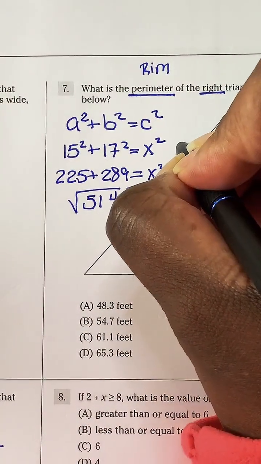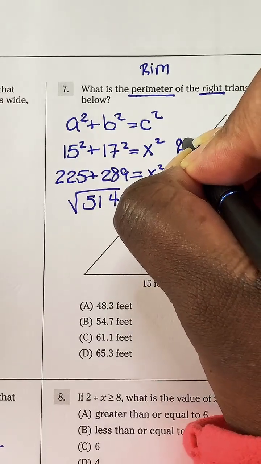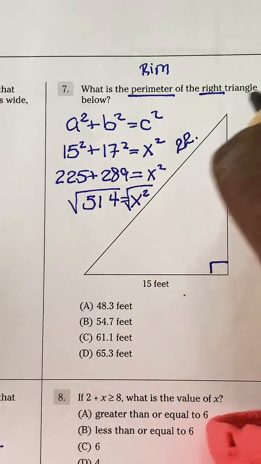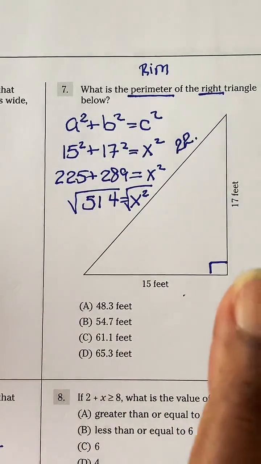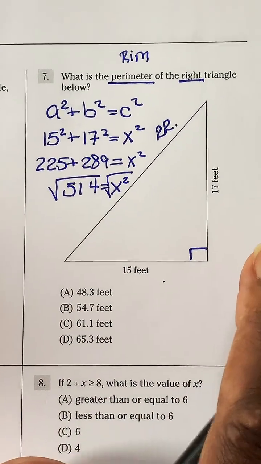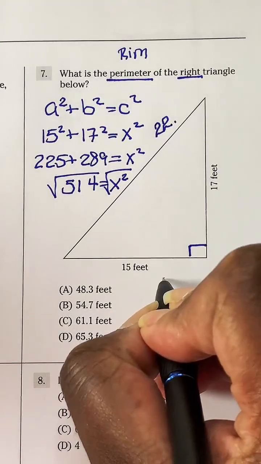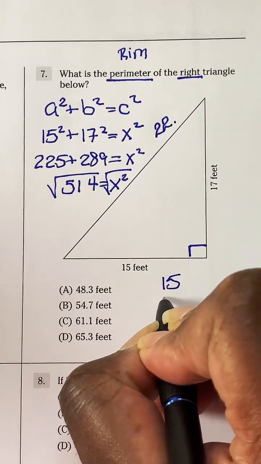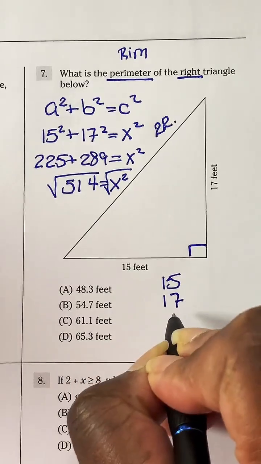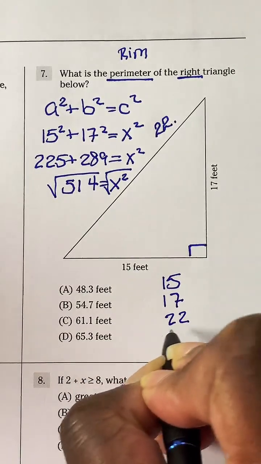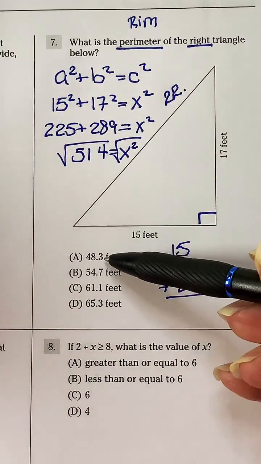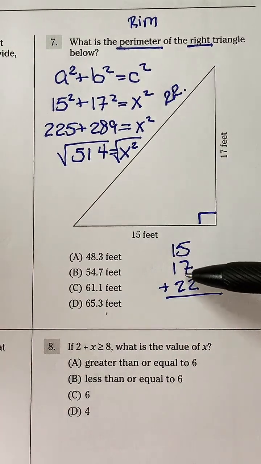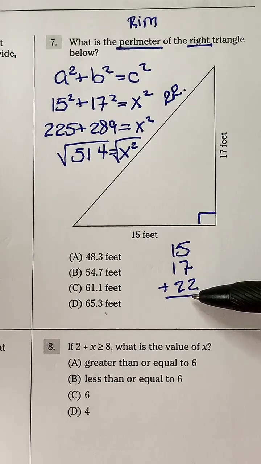So if I give it like, say, 22, let's say 0.1 or point something. I just want to do something for right now. Because if I add up my 15, I add my 17, and I add my 22, which I know it's going to be point something, I'm going to look for a number that's going to be close to this answer when we add them up.